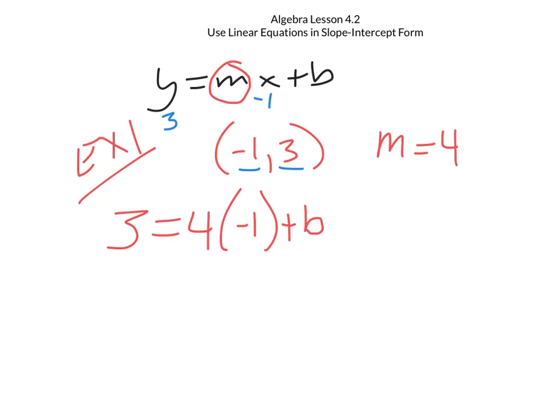Now I have enough numbers I can solve for the variable. What's 4 times -1? -4. How do I move the -4? It's a negative, so we add. So 4 plus 3 is? 7.